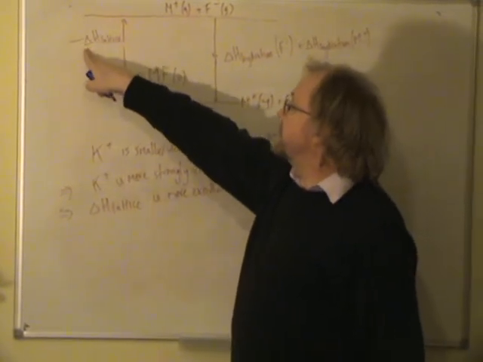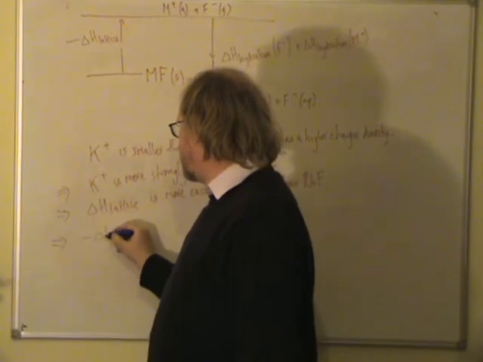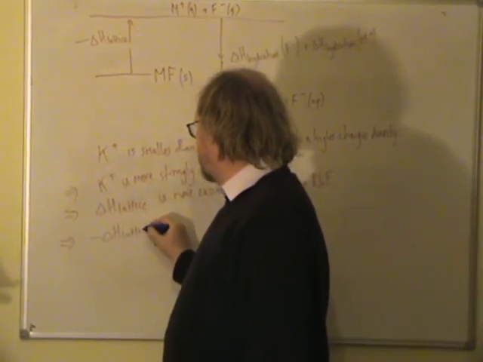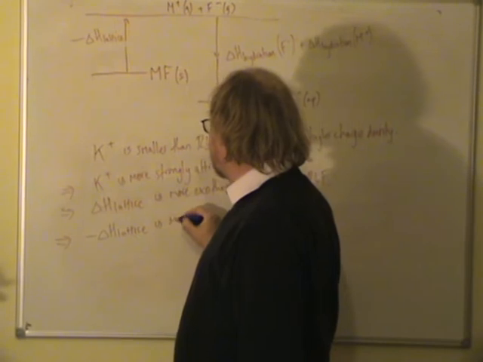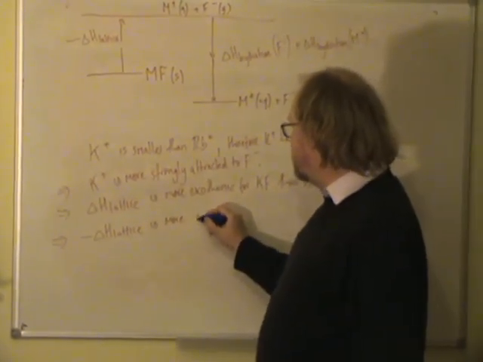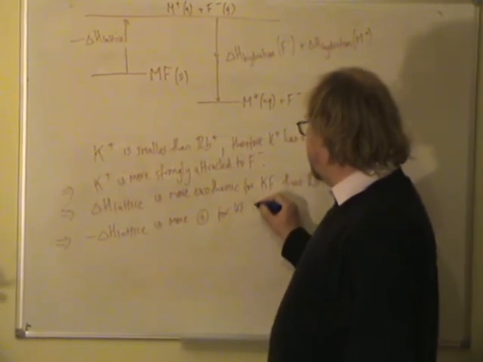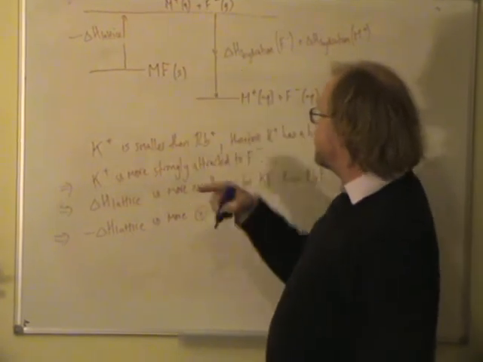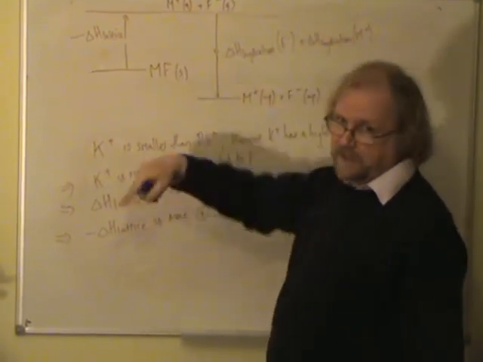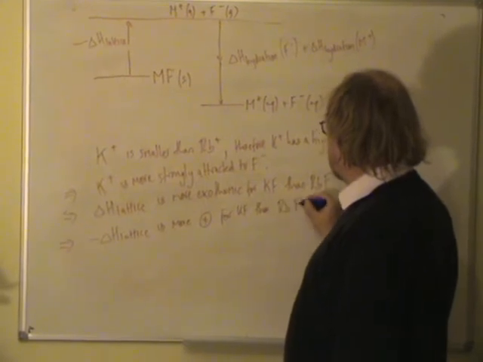So that term, minus delta H lattice, is more positive for KF, more endothermic, more positive for KF than RbF, because we've just changed the sign of the lattice enthalpy. So if it was more negative before, now it'll be more positive for KF than RbF.